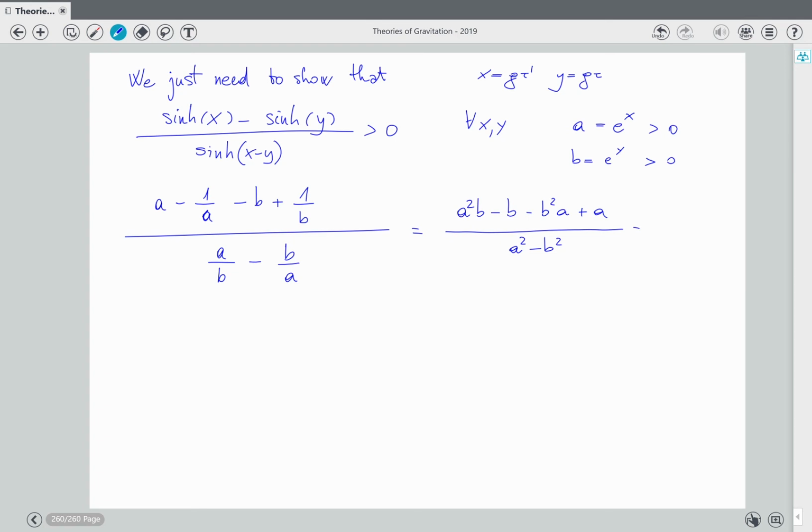Both the numerator and the denominator factorize in a minus b. And the numerator indeed is a minus b times 1 plus ab.